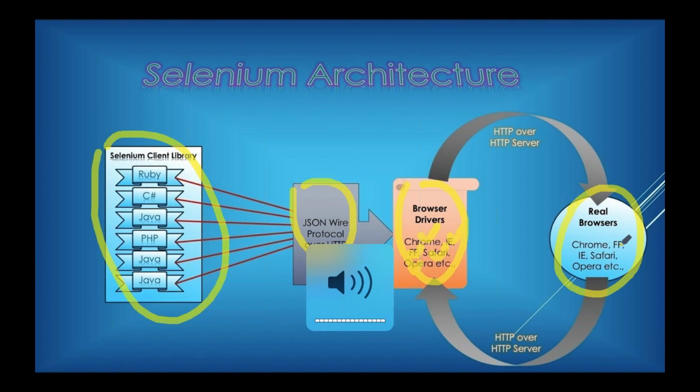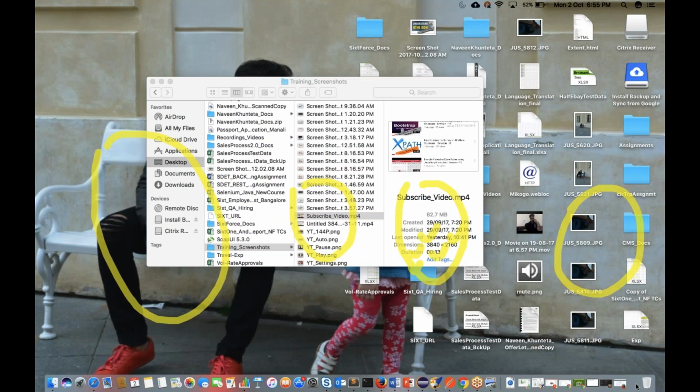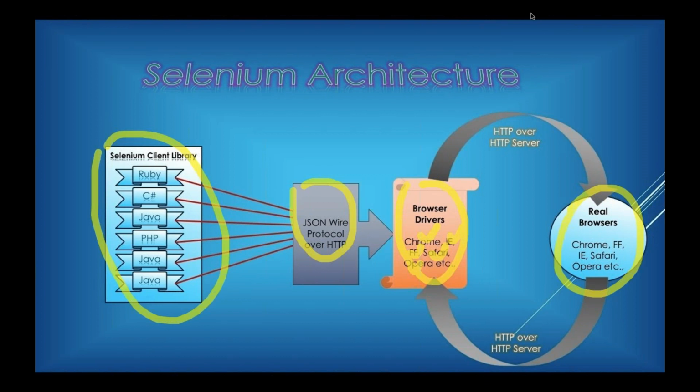Now, guys, Selenium provides its library. Selenium is available in the form of libraries and APIs. In case of Java, it's available in the form of jar files, so we have different jar files.